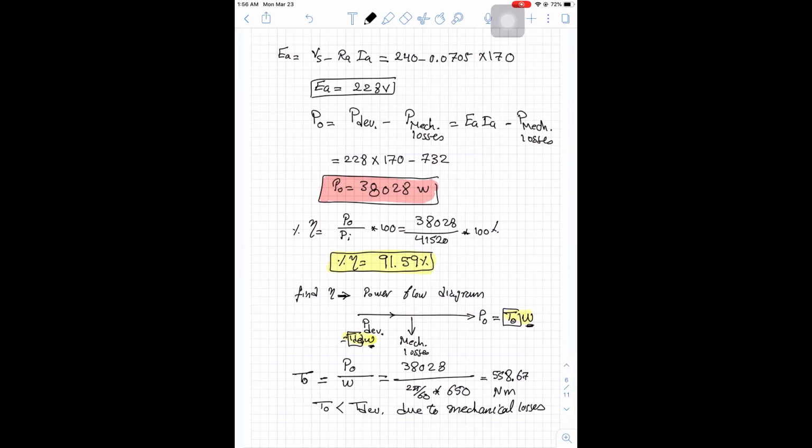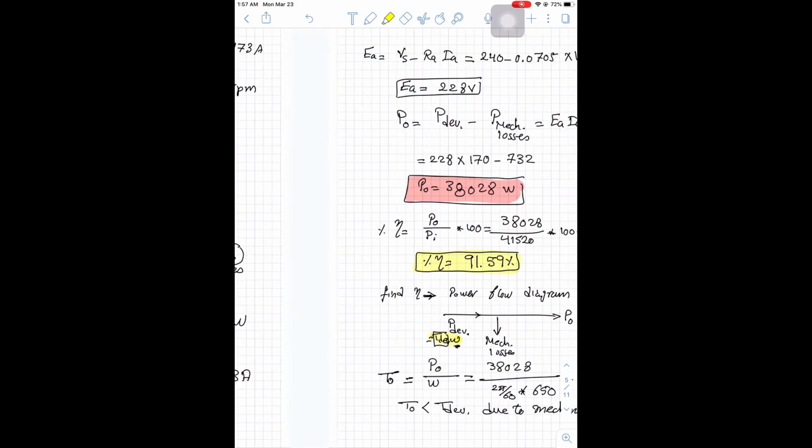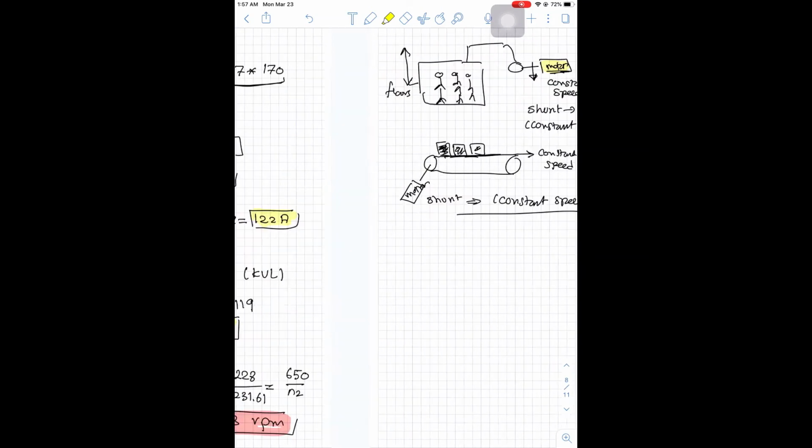Now let's go back to the problem. We need to find the motor output torque assuming that the mechanical losses remain constant. Whether it is mentioned or not, the mechanical losses will always be assumed constant. So we need to calculate the new output power.